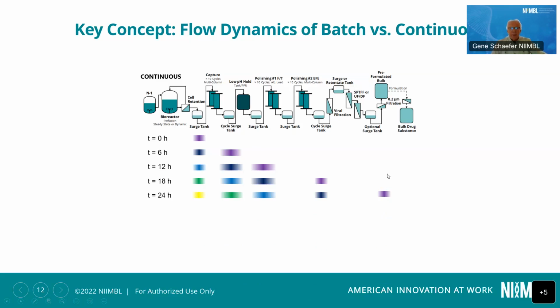You're already collecting material for drug substance. Another 6 hours, you're stacking those individual aliquots that have moved through the process in that combined drug substance. So the dynamics are very different. The amount of material and its concentration will vary across the process, and the ability to control requires faster decision-making or controls.